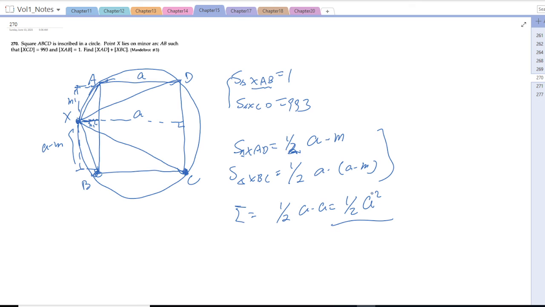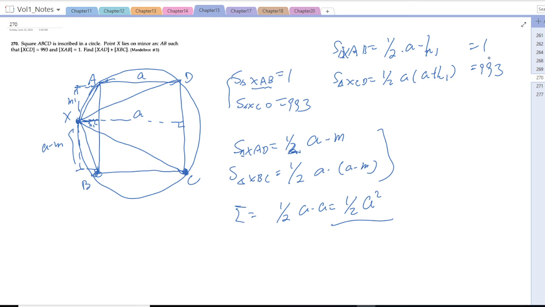Okay, so we want to solve for A or A square, right? So the area of XAB is equal to half of the A times the H1, right? And the area of XCD is half of the A plus H1. So this is the 1, this is 993.